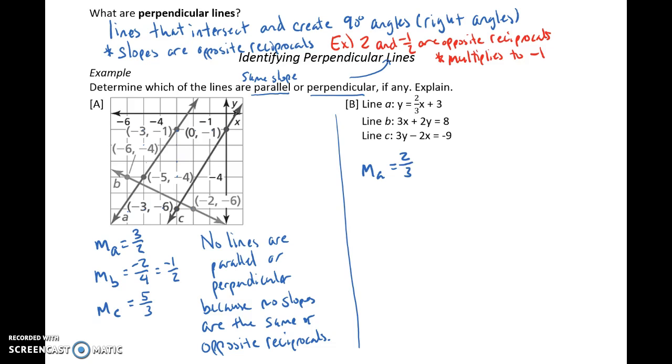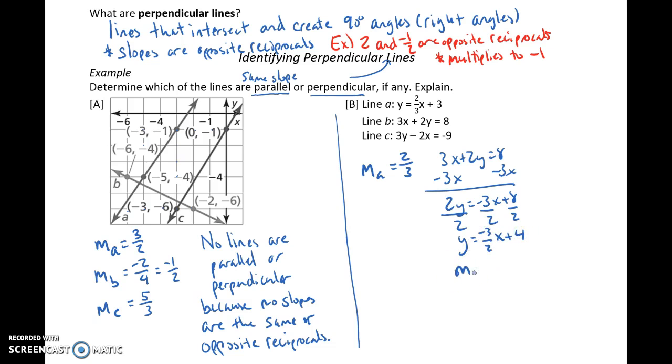For line B, we have 3x plus 2y equals 8. So I want to solve for y. Divide everything by 2. So I get y equals -3 over 2 x plus 4. So the slope of B is -3 over 2.